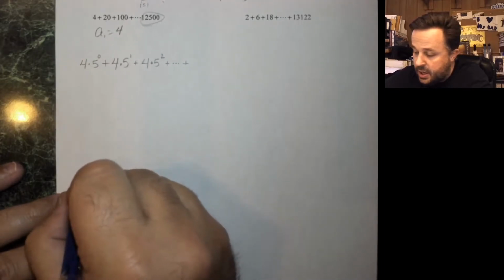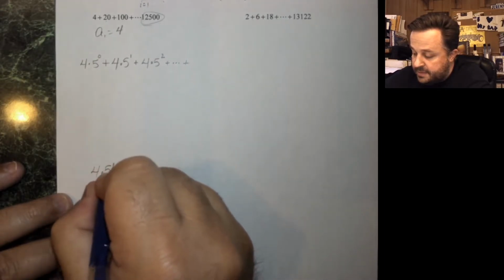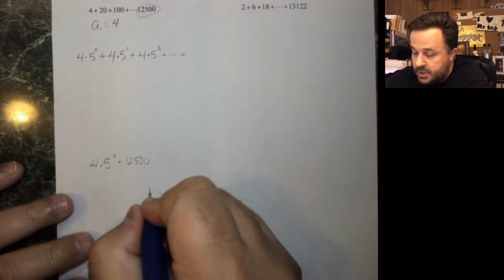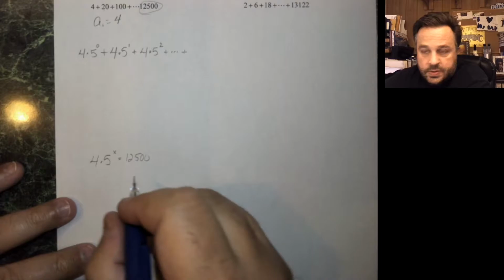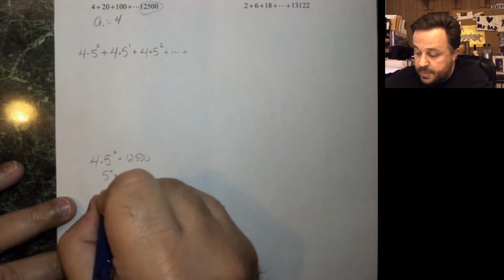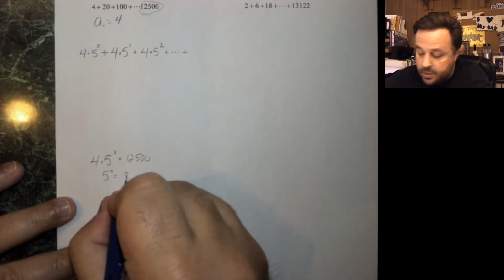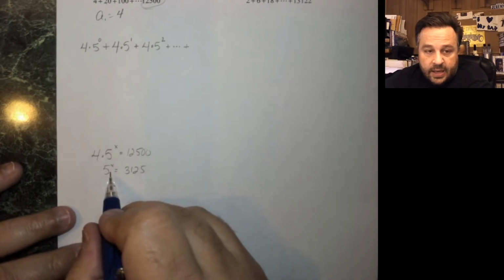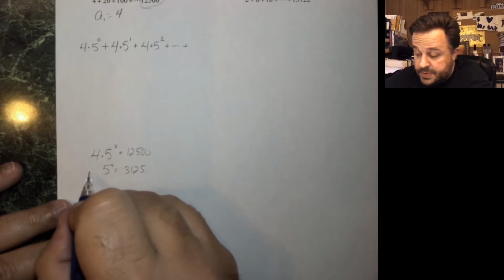So I'm going to do it down here. 4 times 5 to what power gives me 12,500? Well, this is an exponential equation, so we first divide by 4, and that gives me 3,125. Then to evaluate that, we can take the ln of both sides.